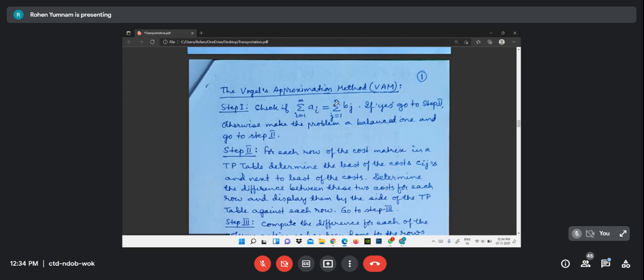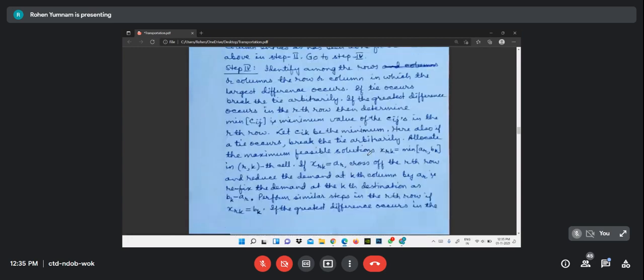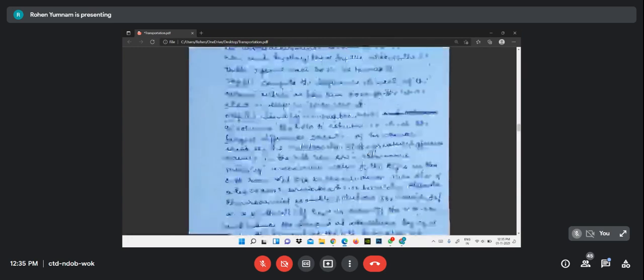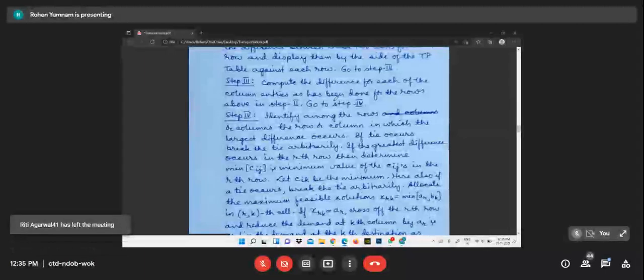Step 2: for each row of the cost matrix in a transportation problem table, determine the least cost Cij and next to the least cost, determine the difference between these two costs for each row and display them by the side of the table against each row. Step 3: compute the difference for each column also, as done for the rows in step 2.